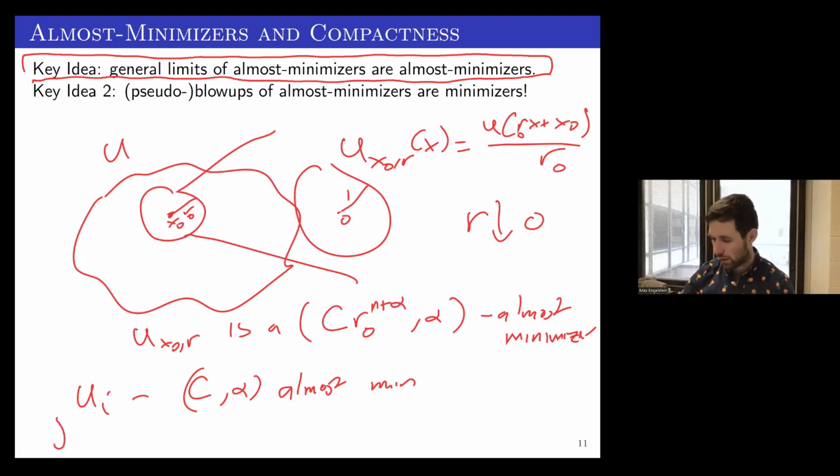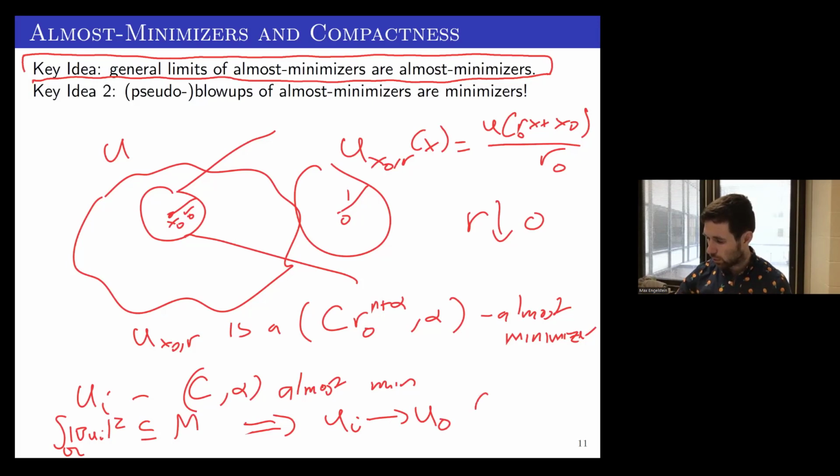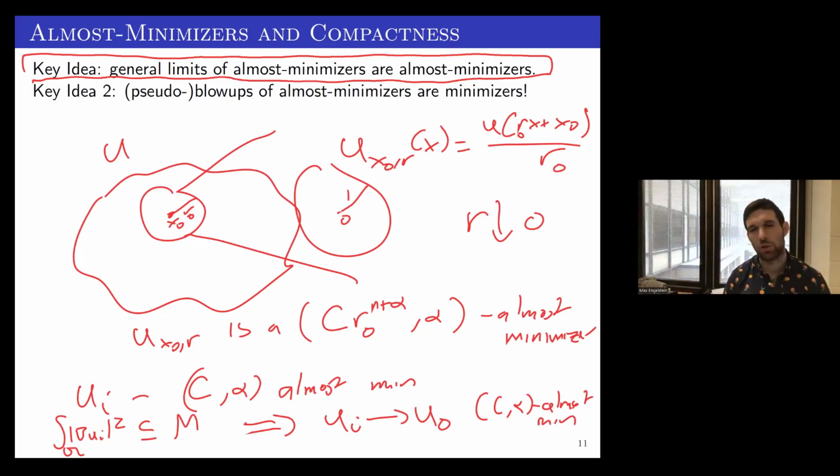Maybe you asked that the energy of all the U_i inside of some omega is bounded by some M. Well, then you might assume that the U_i, passing to some subsequence, converge to some U_0, which is also a C alpha almost minimizer. And so you should expect to be able to get some sort of quantitative information out of this compactness, right? This feels very GMT-y to me, at least.